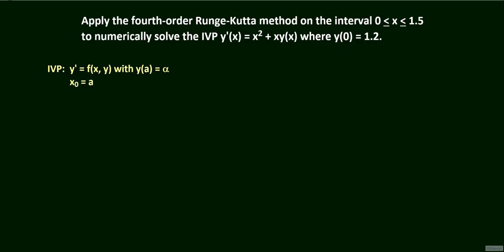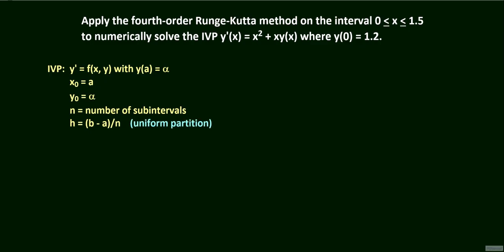We set x sub 0 equal to a, and y sub 0 equal to alpha. Let n be the number of subintervals partitioning the interval from x equals a to x equals b. Then h equals (b minus a) divided by n, so that we have a uniform partition. We also have x sub i plus 1 equals x sub i plus h.